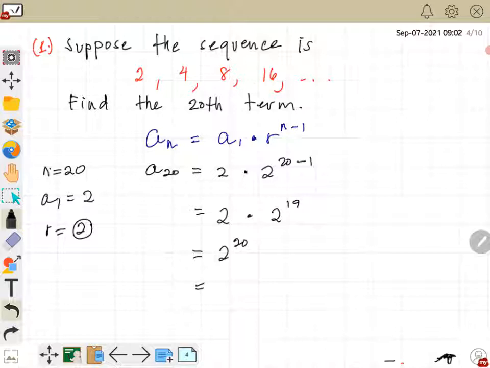But if you want to evaluate 2 raised to 20, that is simply 1 million, 48,576. So that is how we find any term of a geometric sequence, and this is our formula or general term. It's very straightforward as that.